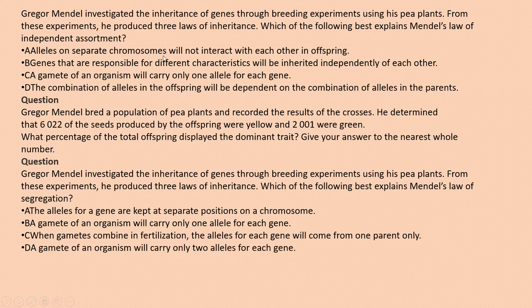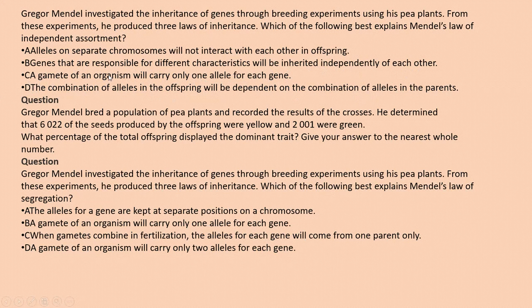Alleles on separate chromosomes will not interact with each other in offsprings. Genes that are responsible for different characters will be inherited independently of each other. Gametes of an organism will carry only one allele for each gene, while the combination of alleles in the offsprings will be dependent on the combination of alleles in the parents. Of course, number D wrong. مش صح خالص.